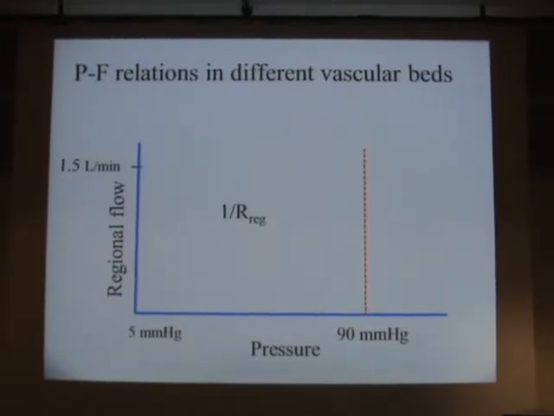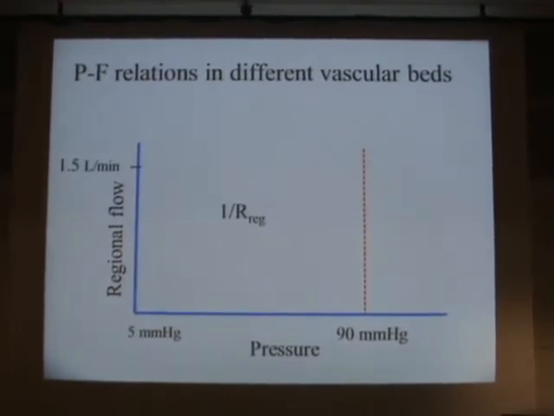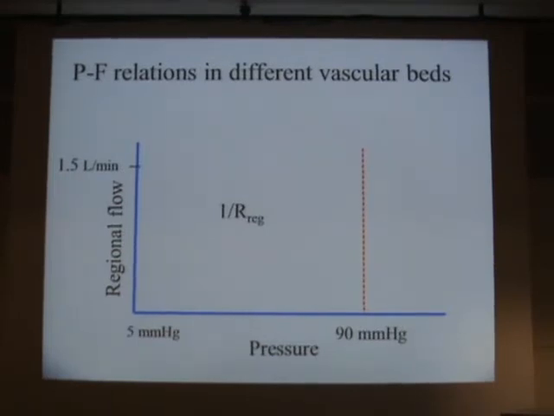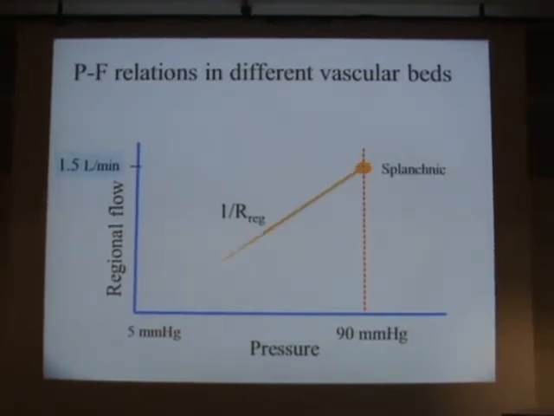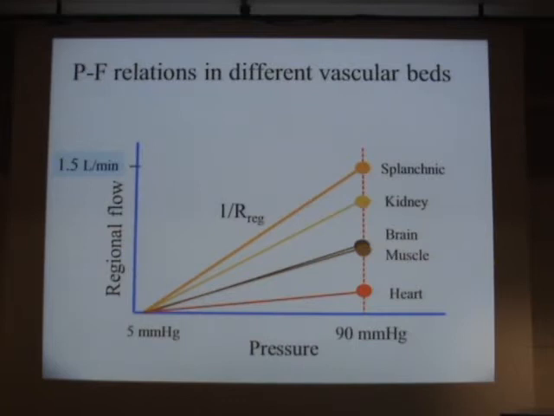So this shows regional flow now on the y-axis, and again the same pressures on the x-axis. What it's showing now is different beds: let's say the splanchnic bed, the kidney, the brain, the muscle, the heart. These are taken out of a physiology textbook, showing the flows in each area and the pressures for them.